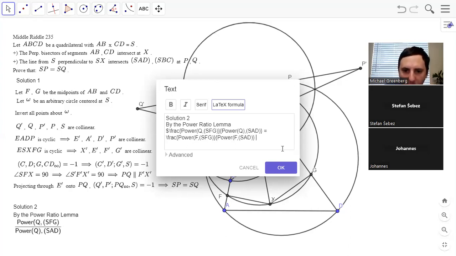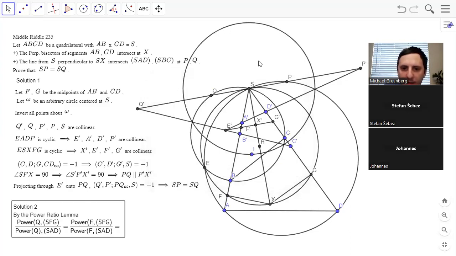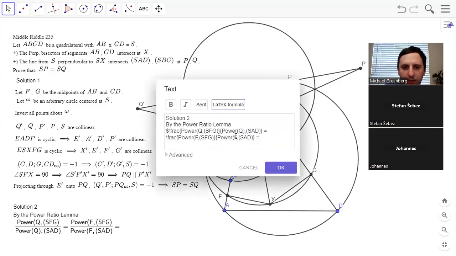And that's going to be 2 because that's FB times FS. Wait, let me think about this. Oh no, this should be B, sorry, instead of F.